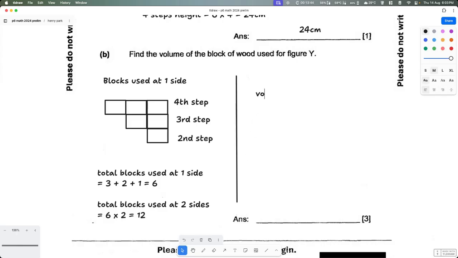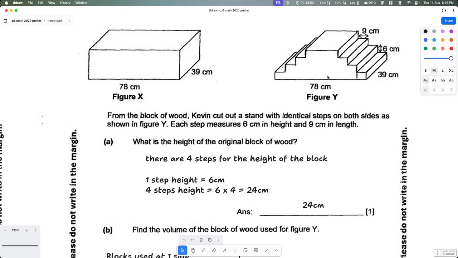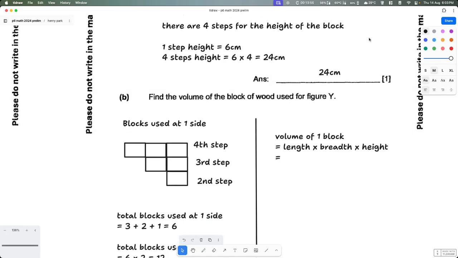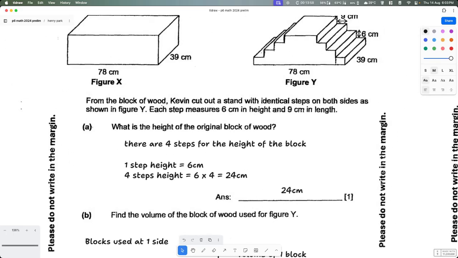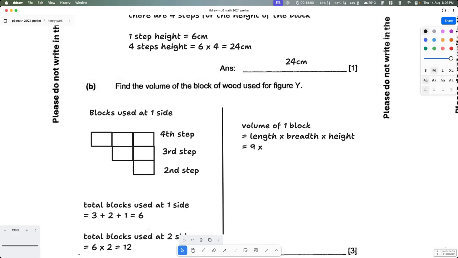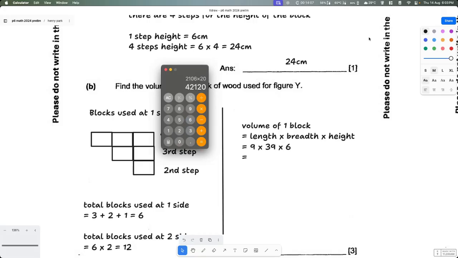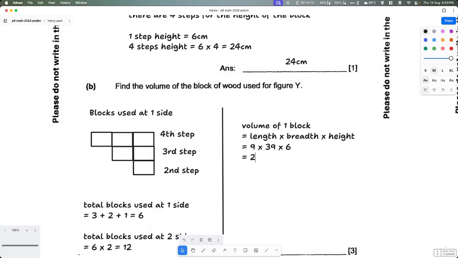Okay, and then we can get one volume. So volume of one block is equal to length times breadth times height. In this case, the length is 9, so 9 times 39 times 6. Okay, 9 times 39 times 6 is equal to 2106 centimeter cube.